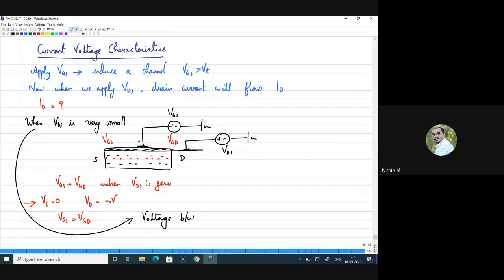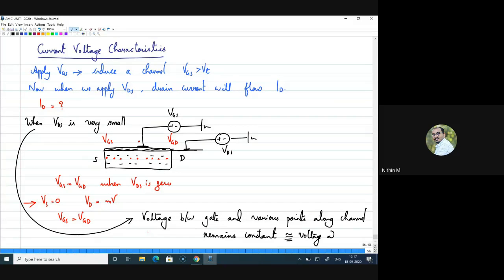So the voltage between gate and various points along the channel remains constant, or I can say it is approximately equal to the voltage at the source end itself. Right. I hope this is clear.